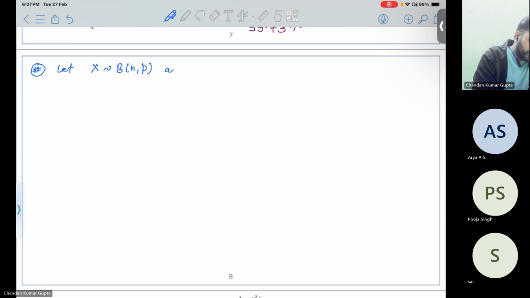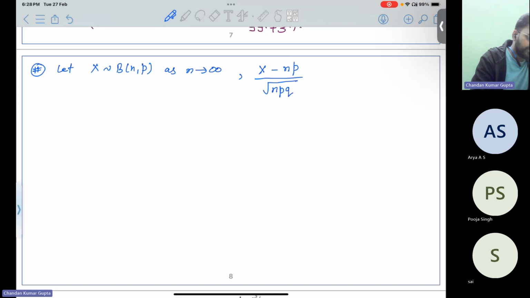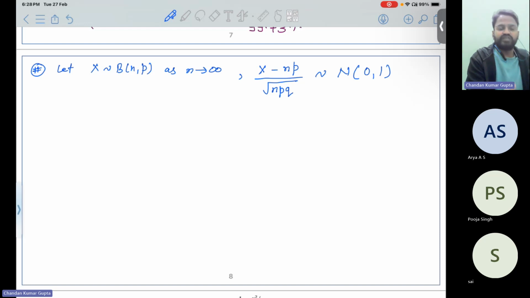So as n tends to infinity, X minus np, which is the mean of the binomial distribution, over the square root of npq, follows a normal distribution with mean 0 and variance 1. That is, suppose X follows binomial but n is large. In that case, we may approximate this variable as a normal distribution.